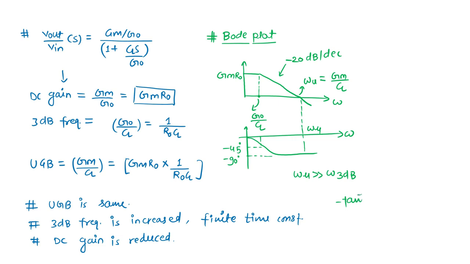We can also write for the phase of the system. Phase of the system is minus 90 omega by omega 3 dB. Okay, so at omega equal to omega u, you will see that UGB is much greater than the 3 dB frequency, so it will contribute nearly minus 90 degree.